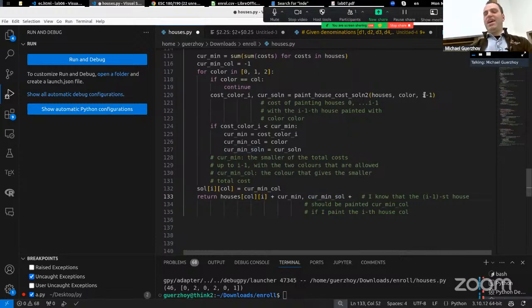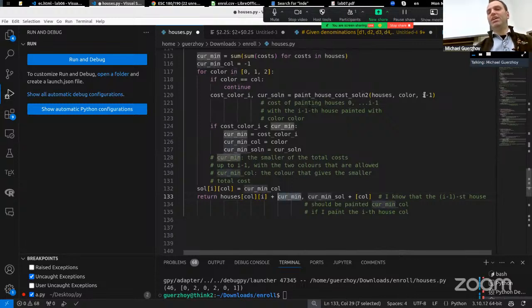But then I also want COL. Right? And one way to think about it is, I have my cur min. So cur min is the cost up to I minus 1.